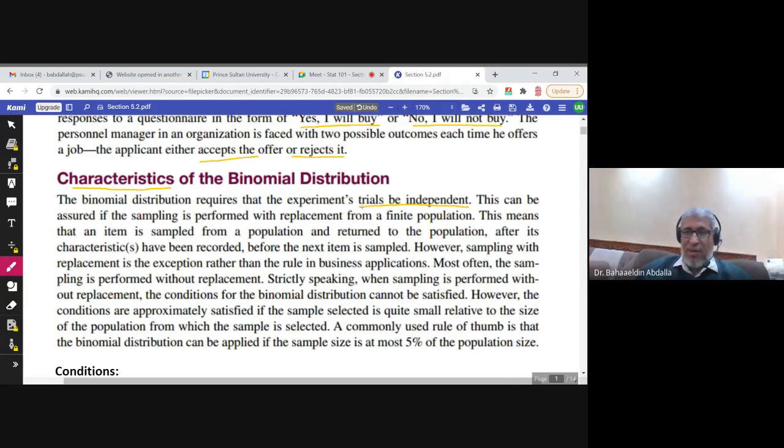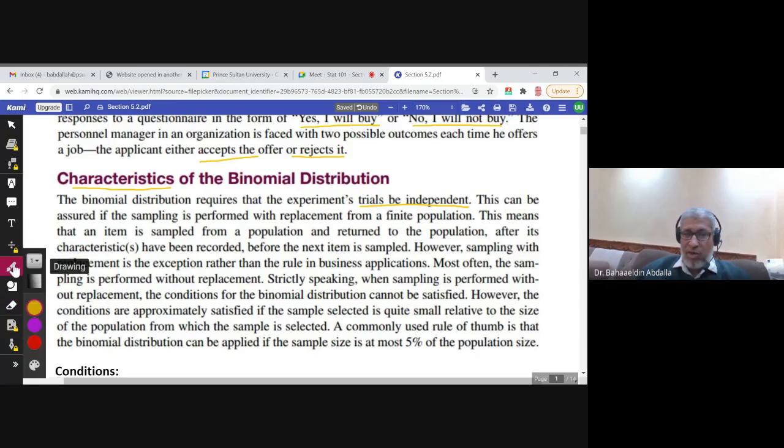So for example, when the manager gives the offer to a person, whether he will accept or reject does not affect the next person. The next person will give his opinion independently from the first one. So the trials have to be independent.